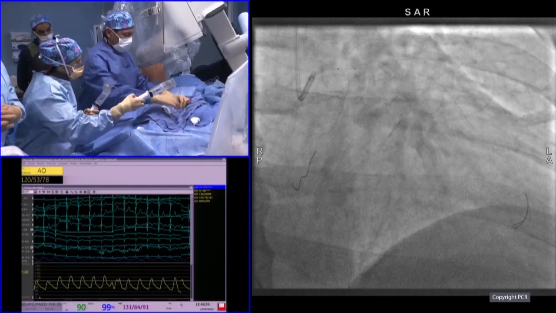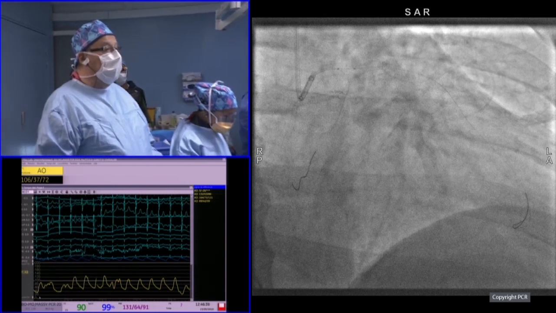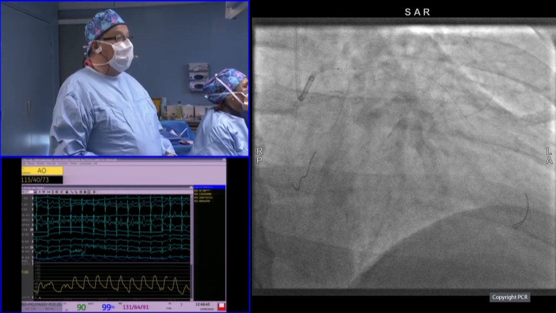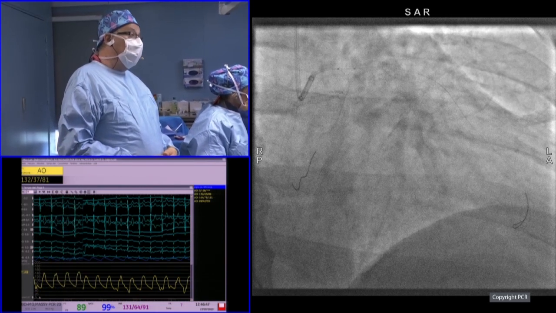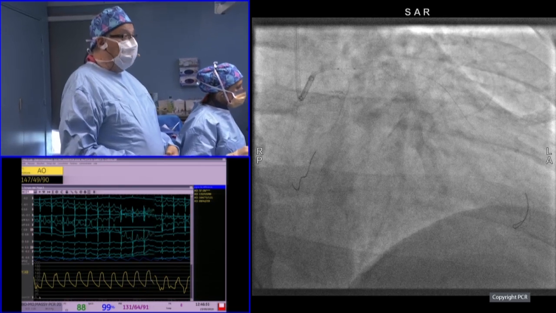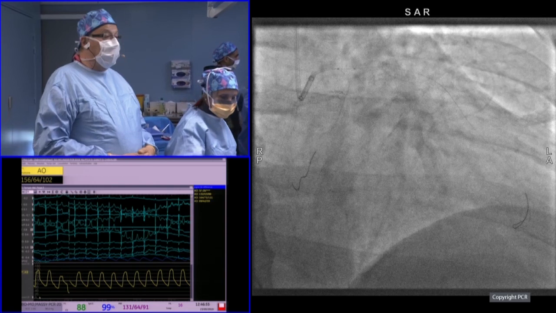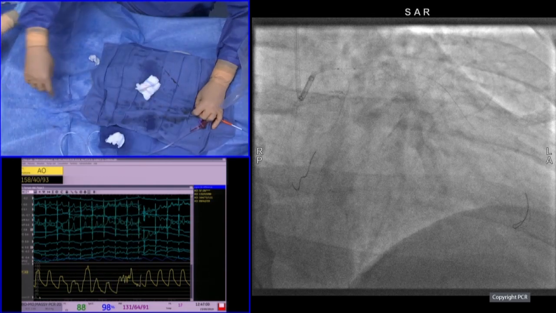It's extremely easy to do that in bench test, but when you do that in real practice, you need to be sure that you are deep enough to correct the distortion, but not beyond the carina. So there is a margin which is extremely low, less than 1 millimeter, and the capability to do that in real life, in my opinion, is not very good.